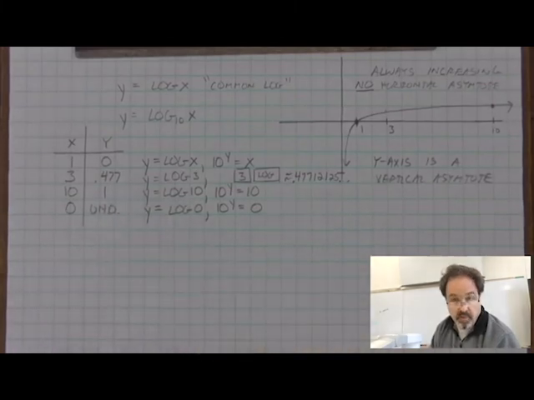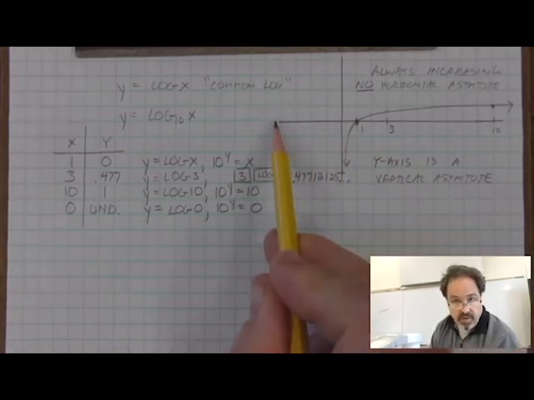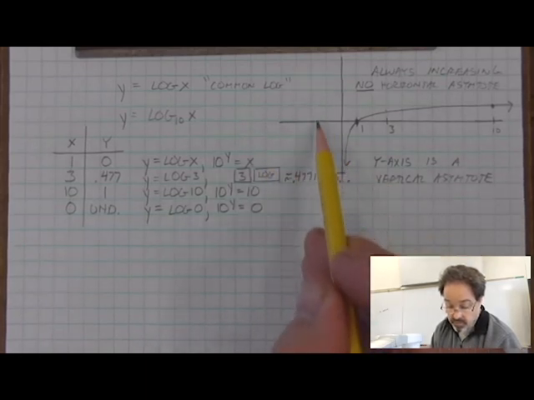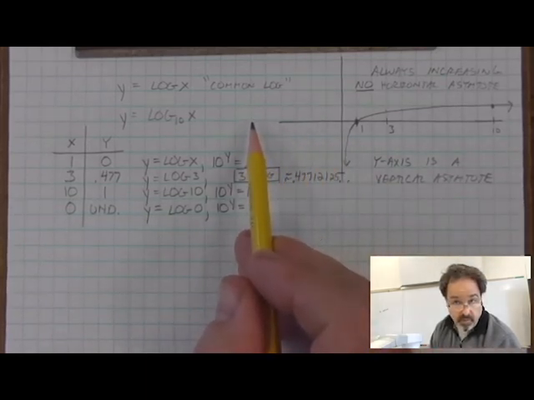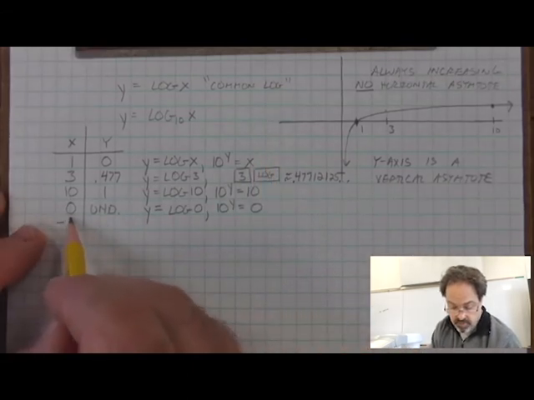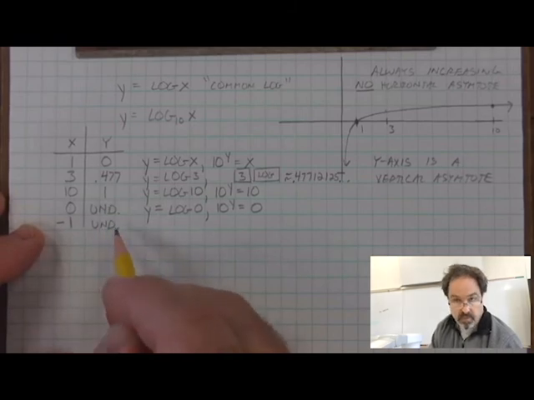UND is an abbreviation for undefined. We can see from the graph that we can't put any negative number in for x. There are no y values associated with any value of x that is negative or 0. So if we put anything negative like -1, it's also undefined, UND.